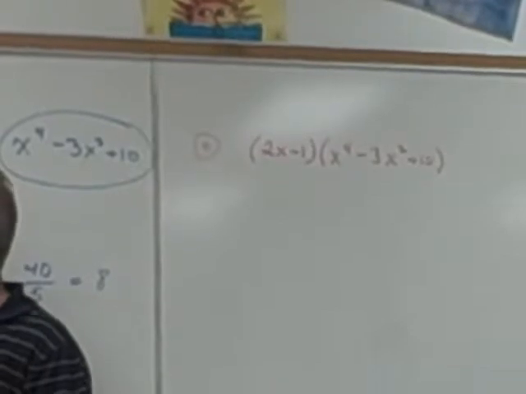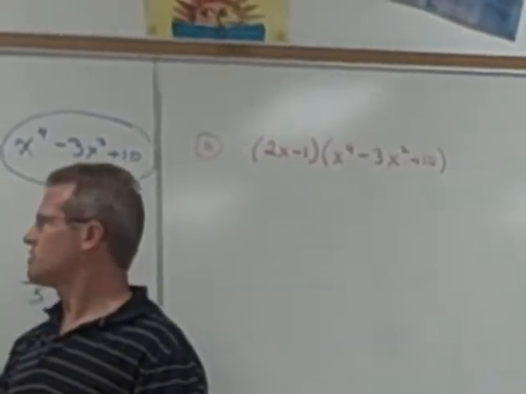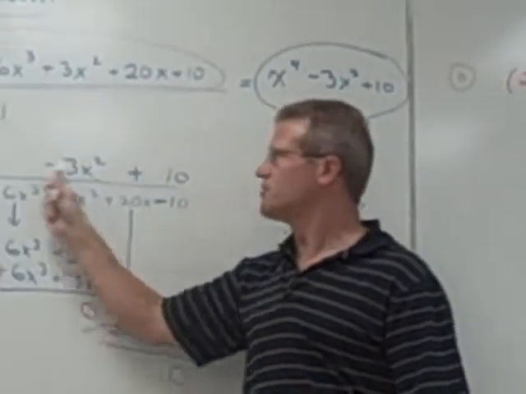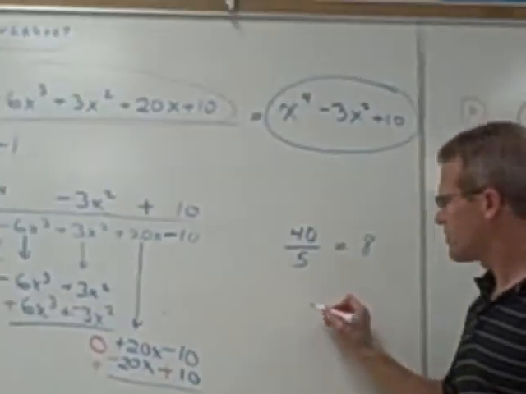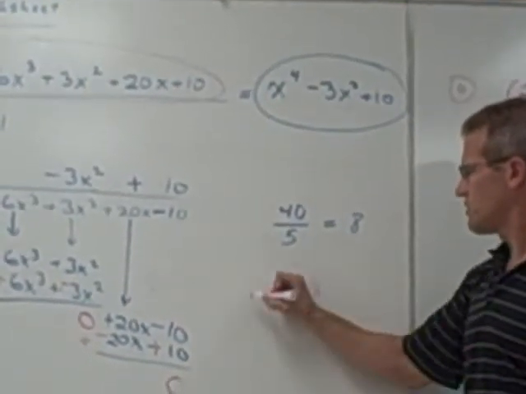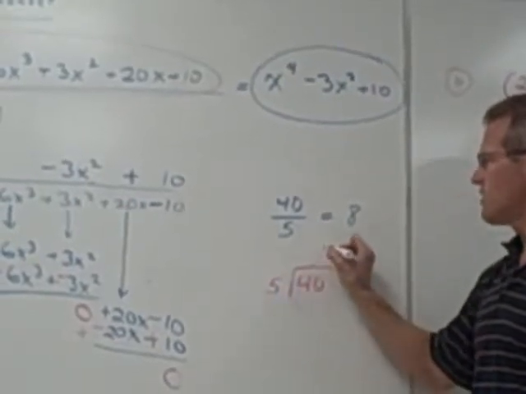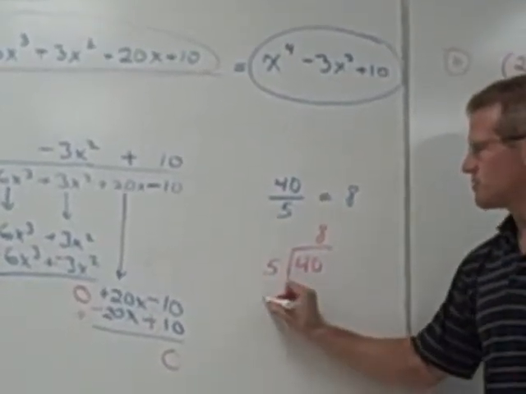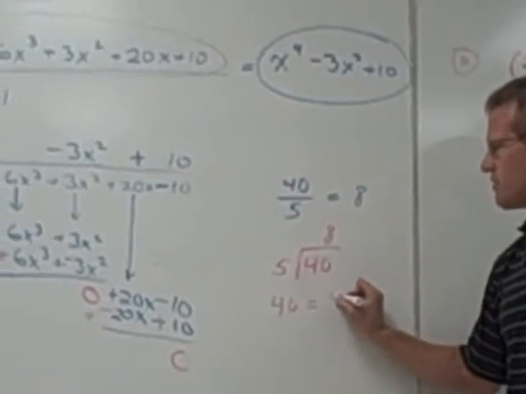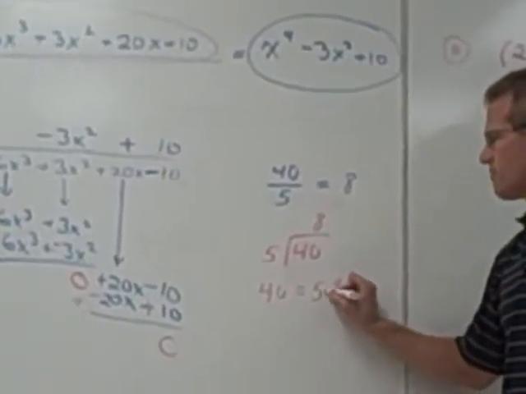If you divide, that means this big polynomial here is equal to 2x minus 1 times the answer. Kind of like when you take 40 divided by 5 and you get 8, that basically tells me that 40 is the same as 5 times 8.